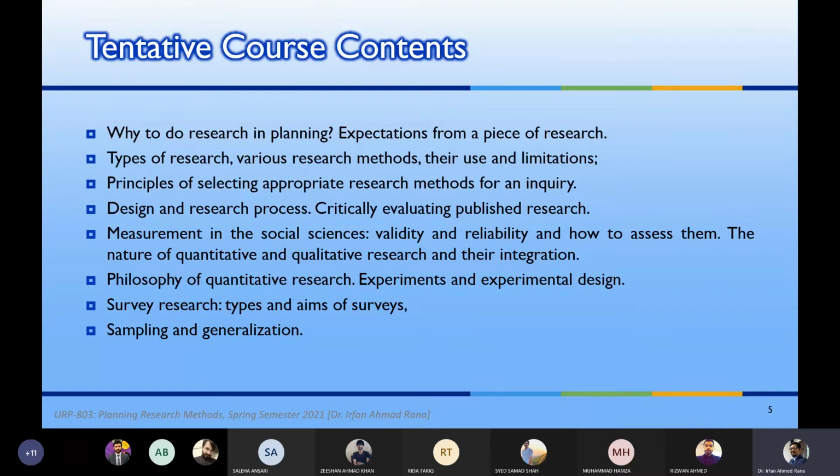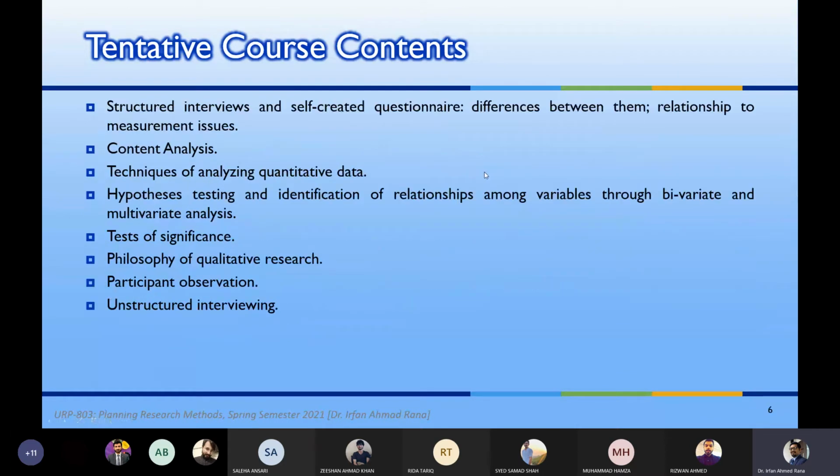And some how to conduct surveys, how to do sampling, how to develop questionnaires, how to collect those questionnaires, and how to analyze different types of quantitative data. Depending upon the data, your analysis type or your statistical tests will vary.